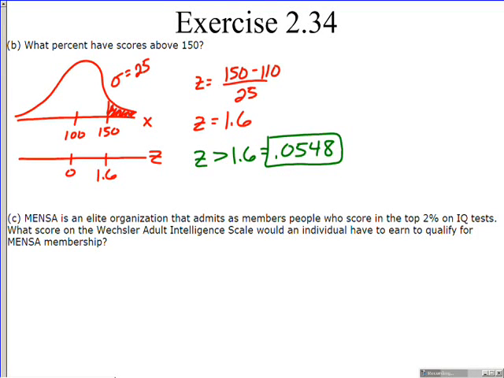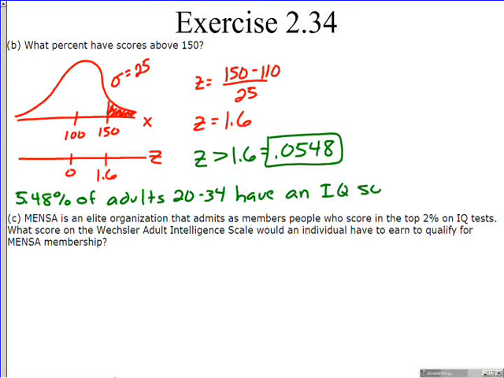Which means that 5.48% of adults 20 to 34 have an IQ score higher than 150.